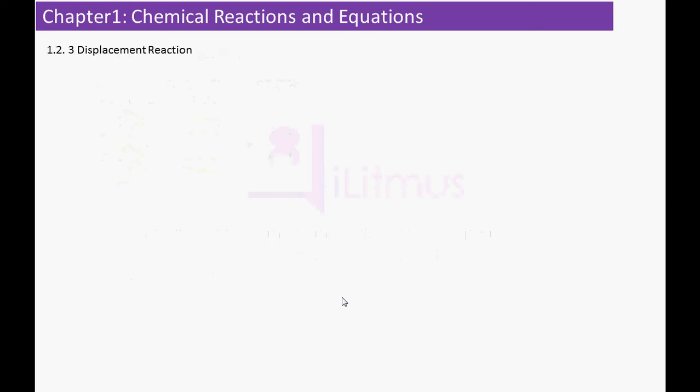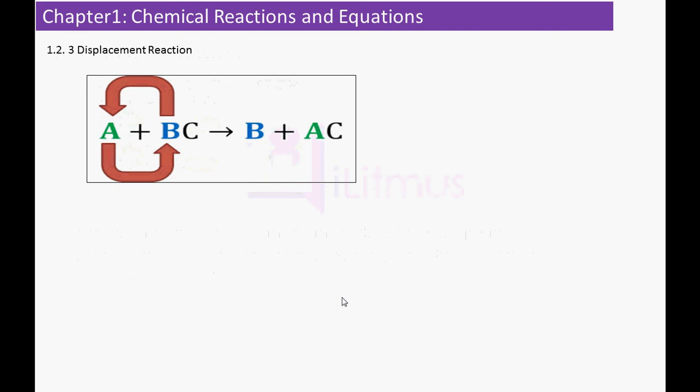Then what is a displacement reaction? Understand this. So a reactant A reacts with BC. BC is one compound. Then the B element of BC comes out and C joins with A. So AC and B have formed.